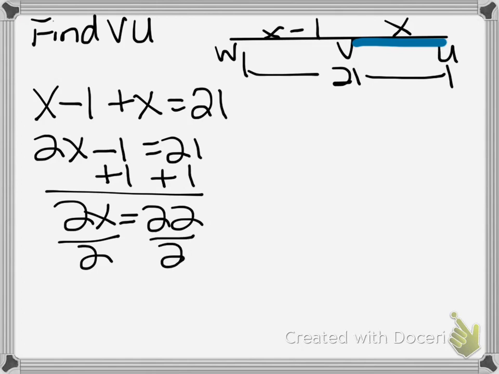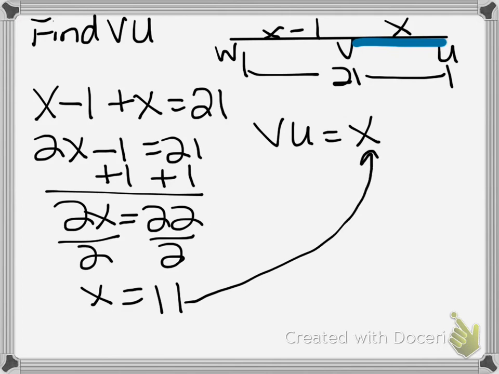Divide by 2 and we get x equals 11. Now, we're not done until we plug in, but in this case, our VU is just equal to x. So since VU is equal to x, all we need to do is plug our value into x. So VU is actually going to equal 11.